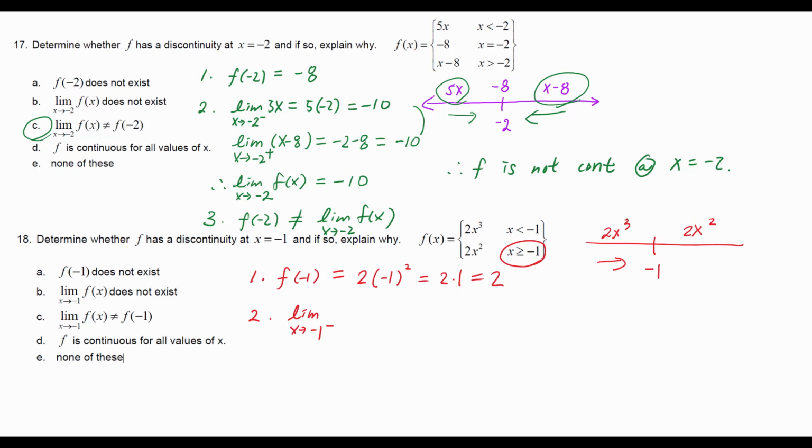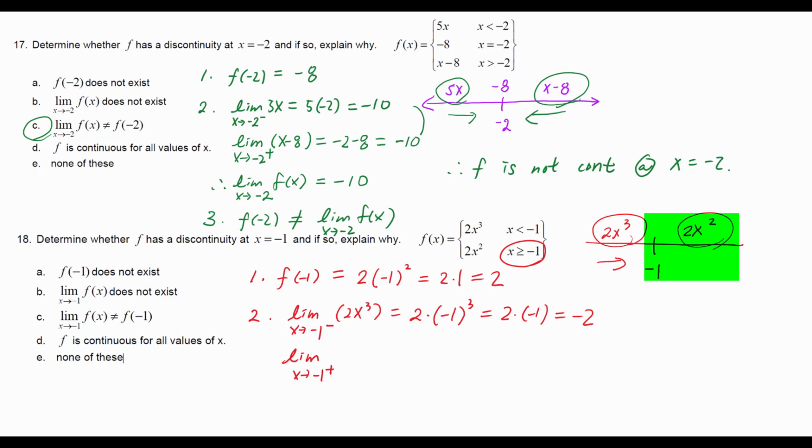From the left, we use the 2x cubed function. When you plug it in there, -1 to the third power is -1, and 2 times -1 is -2. Oh, the right limit though. Remember, from the right, we use this function, and we did already plug it in earlier.